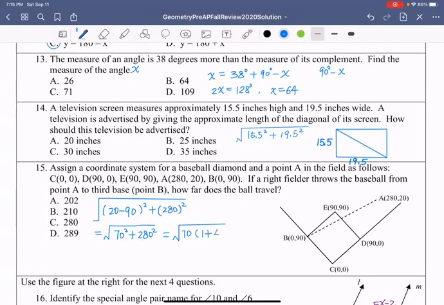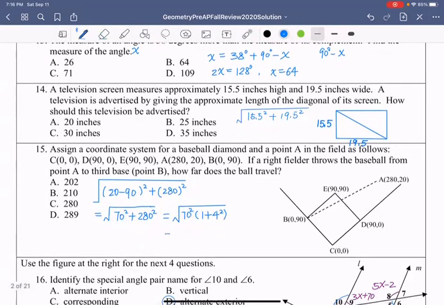Good job. 1 plus 4. This is 70 squared, right? This is a 4 squared, right? And this is a 1 squared. So if we see here, 70 can be taken out. Inside this will be 17, right? Make sense? Okay.